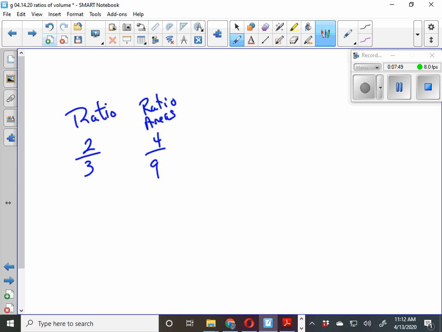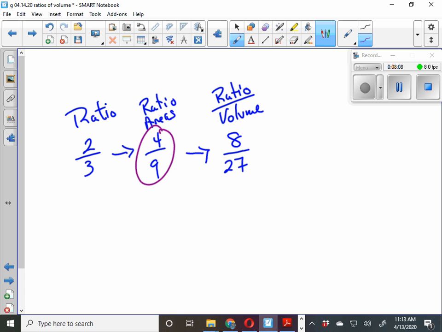And now we figured out that the ratio of the volumes is going to be 8 to 27. Okay, so if you are given 1, you should be able to go back to that and then go to the volumes and work that a number of different ways. Good luck.